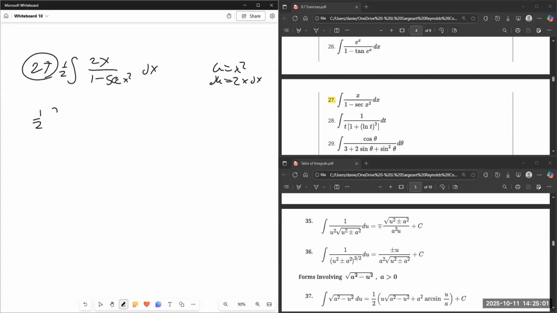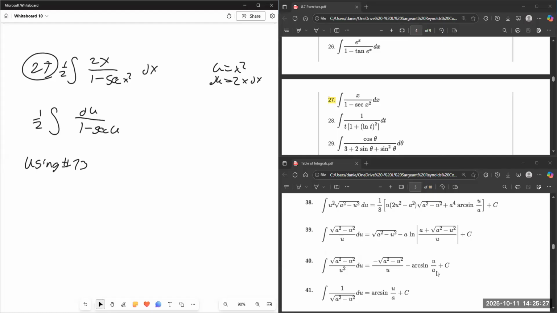This would be 1/2 integral du over something minus secant u. And this could be a, it's just going to be a 1 in my formula, because my formula for number 73 says, let me go to number 73.